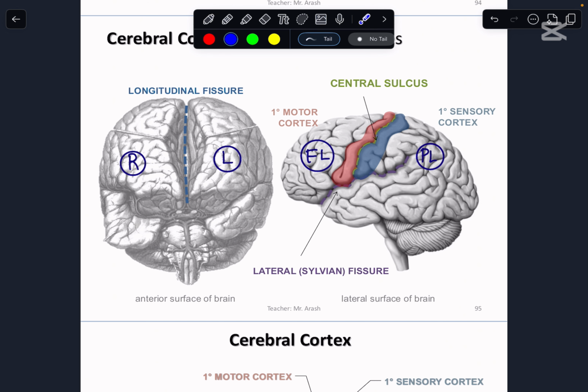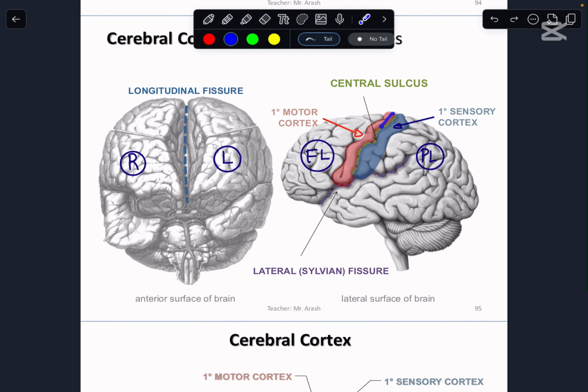And if you remember in class, I showed you using the model that there is this part which we call central sulcus, and I told you right anterior to that, right in front of it, is what we call primary motor cortex. All of this red area is the primary motor cortex. And then on the back side, we have primary sensory cortex, right? And I used the analogy of Miss Mary's office and the principal and the administration office.